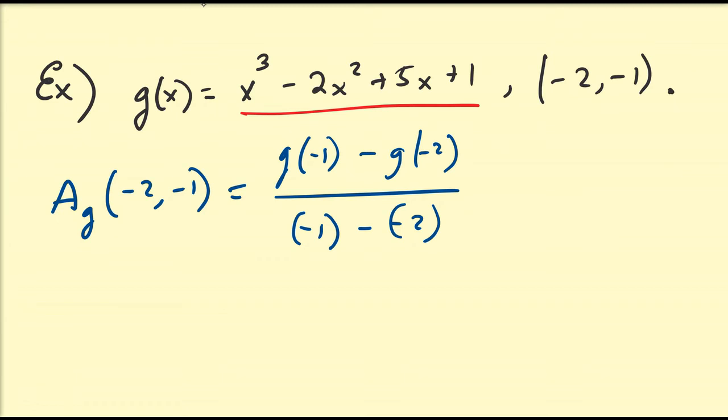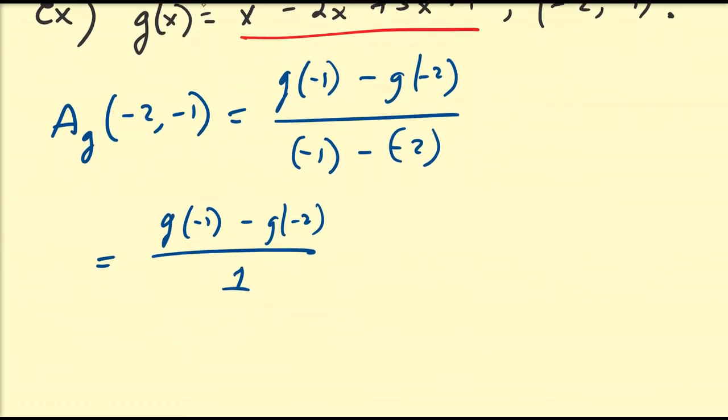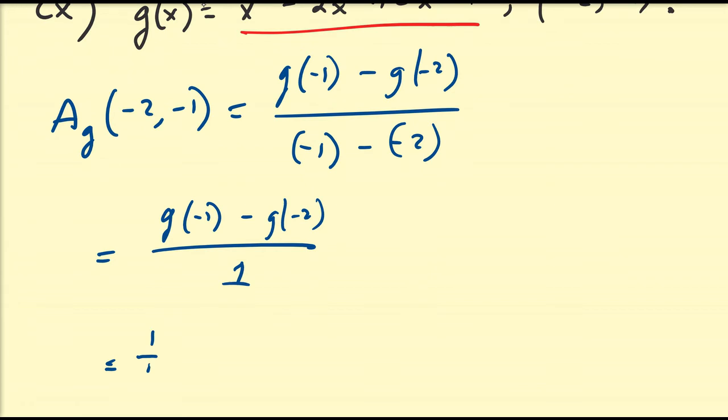Let me simplify the denominator first: -1 plus 2 is 1. So that's just 1 over 1 times g of -1 minus g of -2.